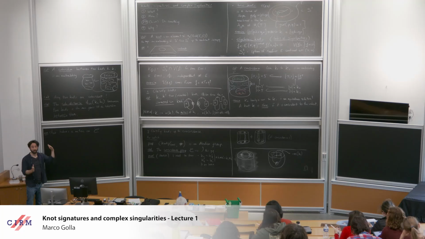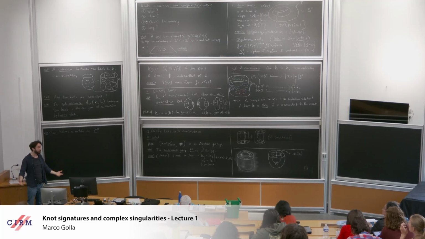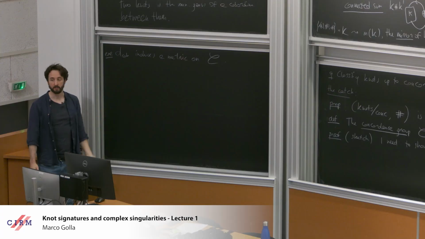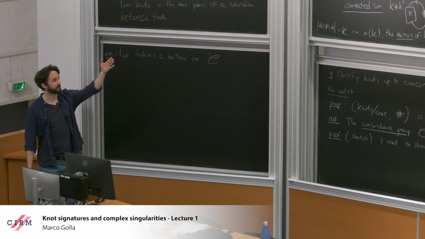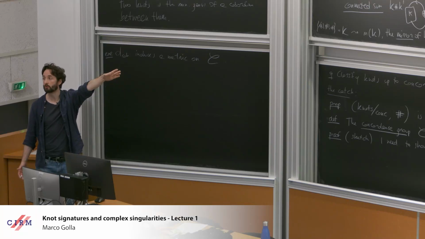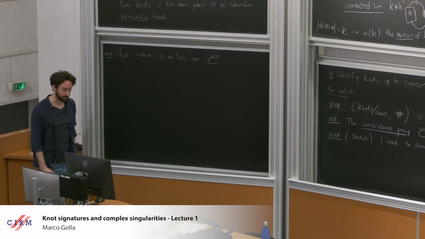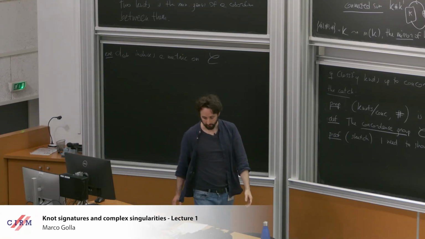That's believable. I can always stack two cobordisms together. The genus adds up. This might not be minimal, but it gives you an upper bound. And the only things that are distance 0 are the same things. This is exactly the definition of being concordant too. So it induces a metric and not a pseudometric.